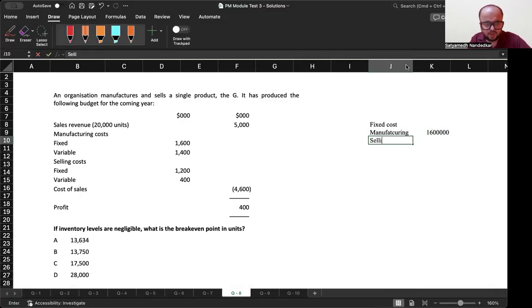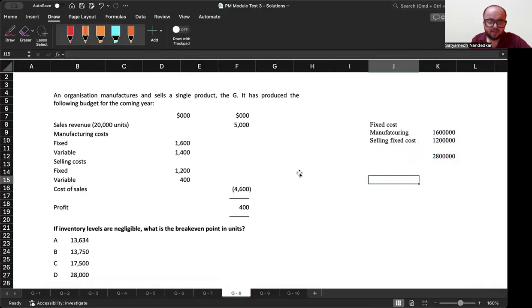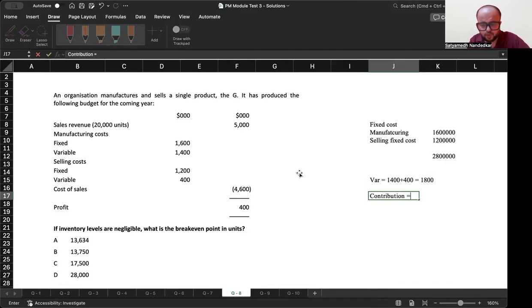Then you have selling fixed cost. How much? 1,200. Total fixed cost is 16 lakh plus 12 lakh. Okay. Variable cost. There is manufacturing related variable cost 1,400 plus there is selling related variable cost 400. This is 1,800. On top of that, 1,230. Okay. So what is my contribution?